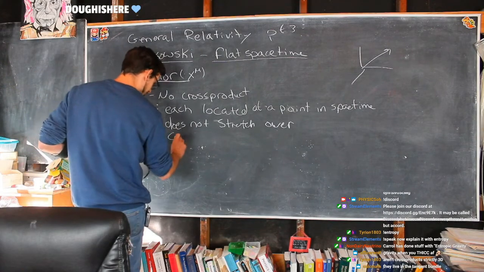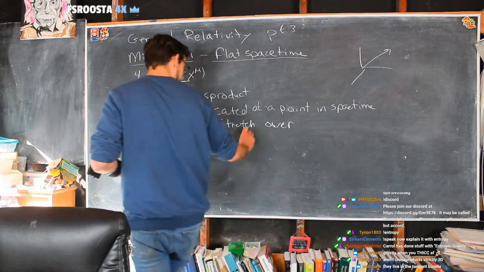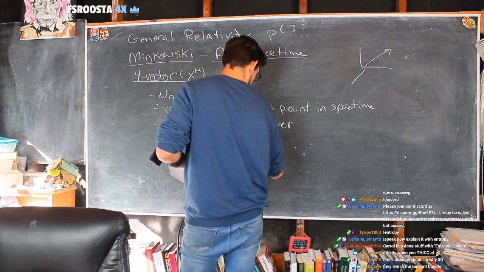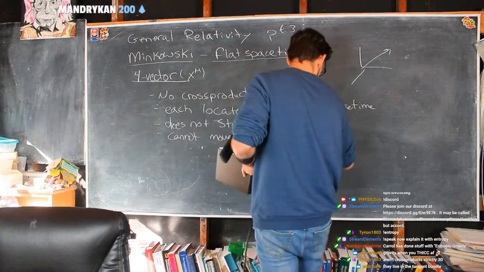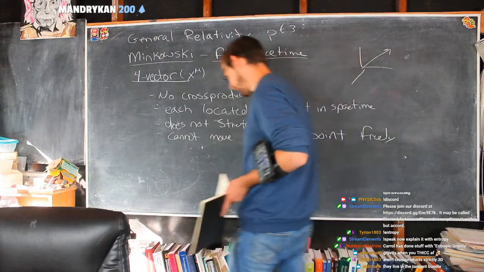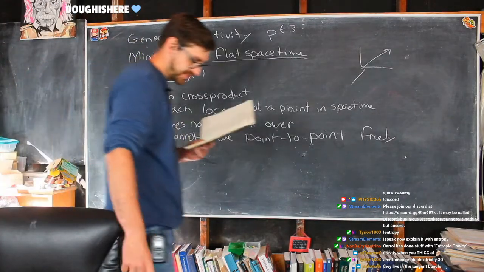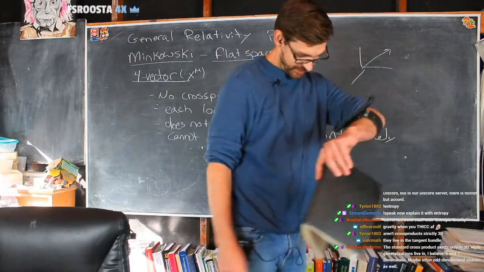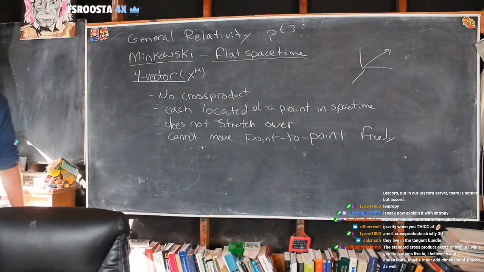That's a big thing, because you can't just slide things around. They have to go through some sort of transformation if they're going to move from point to point, and that transformation might change a lot of things.